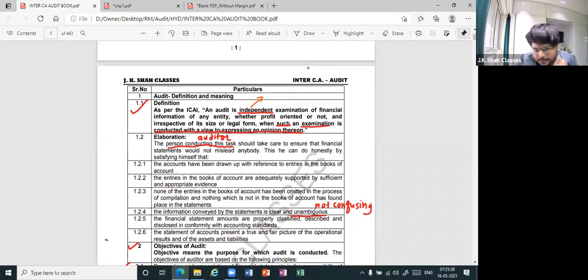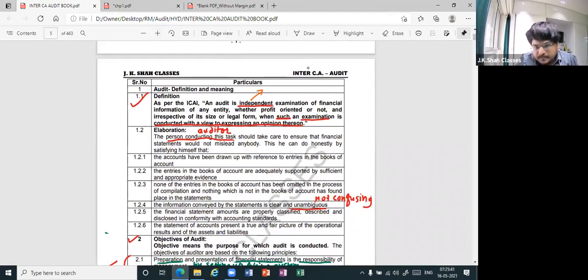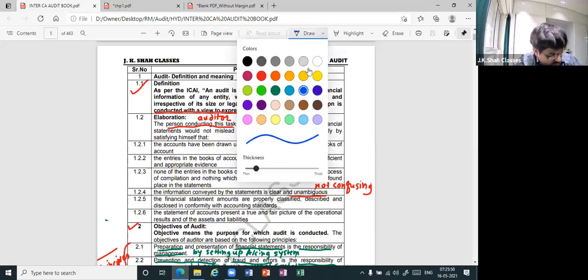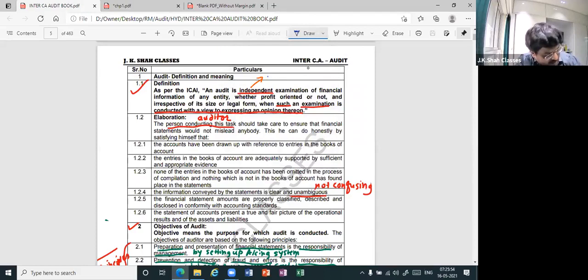Mark it. What do you mean by independent? Should it be dependent on the management or not? Not. Correct. Independent is basically under no influence. And obviously this is as per ICAI, as you can see.